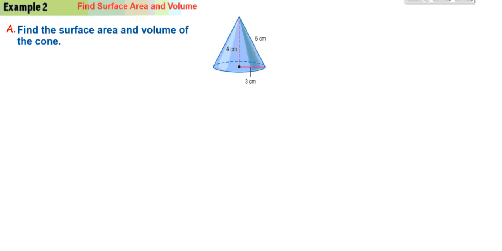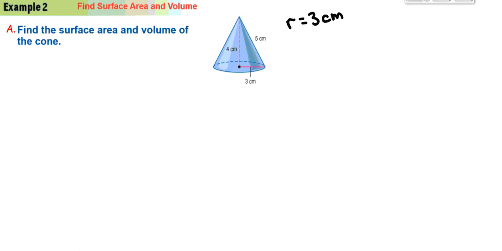Then this next one, we want to do the surface area and volume of this cone as we go through it. I like to write some preliminary things over here. First, I'd like you to notice that the radius is 3 centimeters.